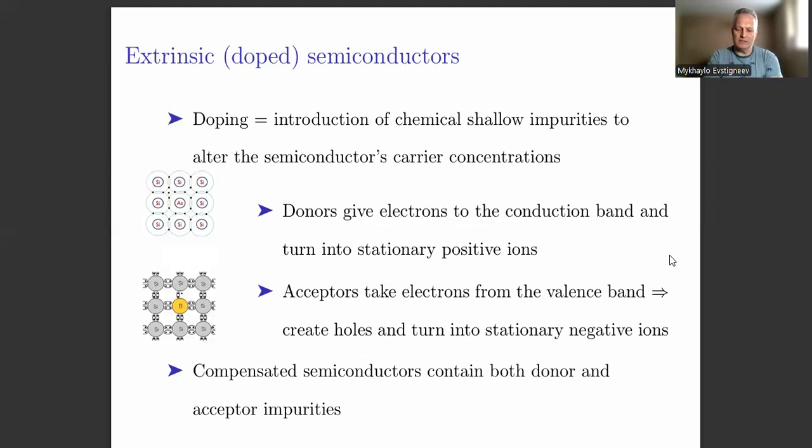The semiconductor is called a p-type semiconductor, and holes in the p-type semiconductor become majority carriers, whereas electrons in a p-type semiconductor are called minority carriers.